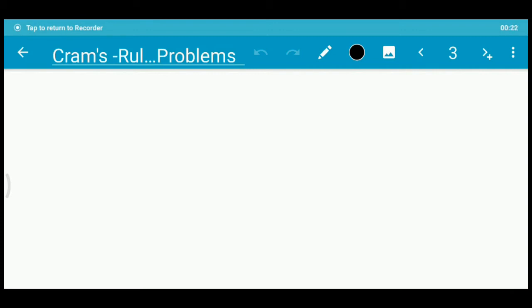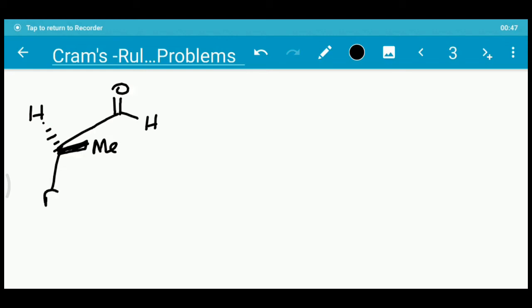Let us move on to another problem. In this problem we have to predict the product as well as the stereochemistry using Cram's rule. Let me draw the starting material. So we have a starting material here. My hydrogen, I have my methyl, I have my phenyl here.